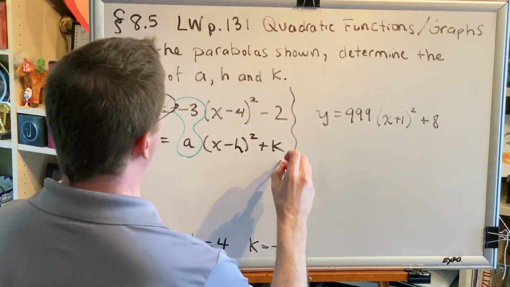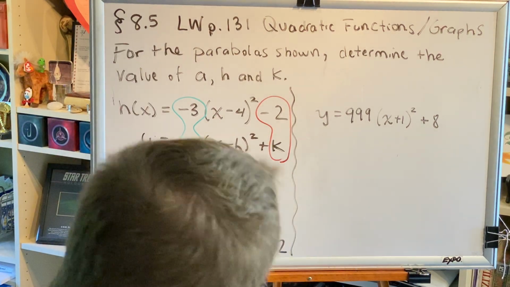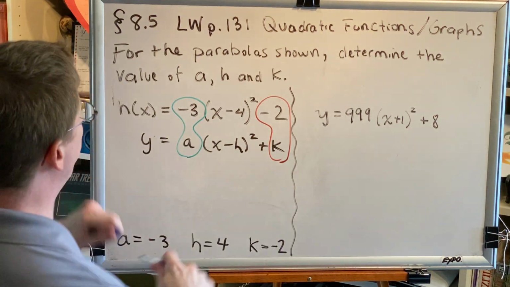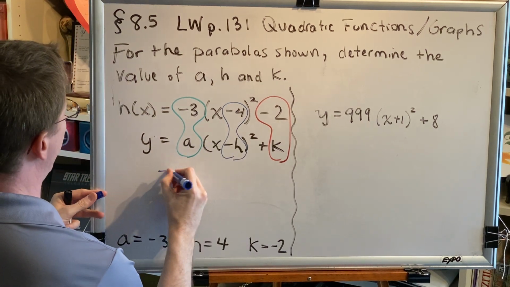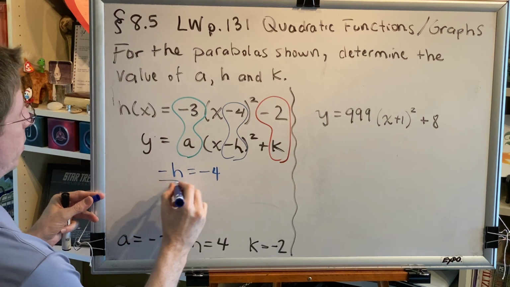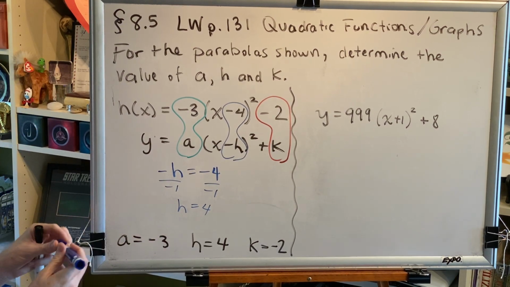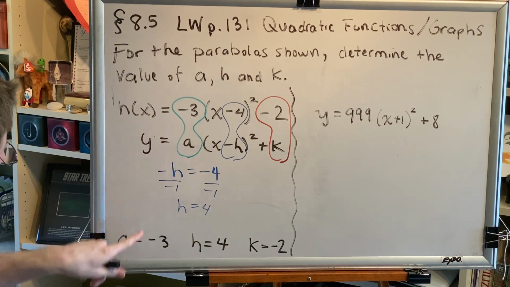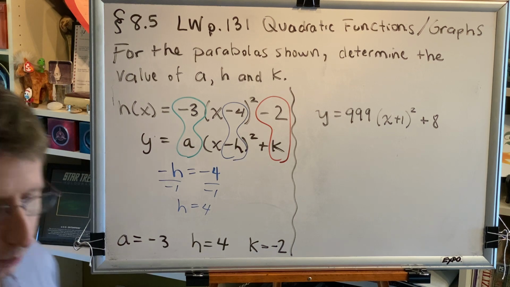We can see that k is equal to negative 2. And we can see that negative h is equal to negative 4. So if we want to know what h is, we divide by negative 1 on both sides, and we get h equals 4. So a equals negative 3, h equals 4, k equals negative 2.